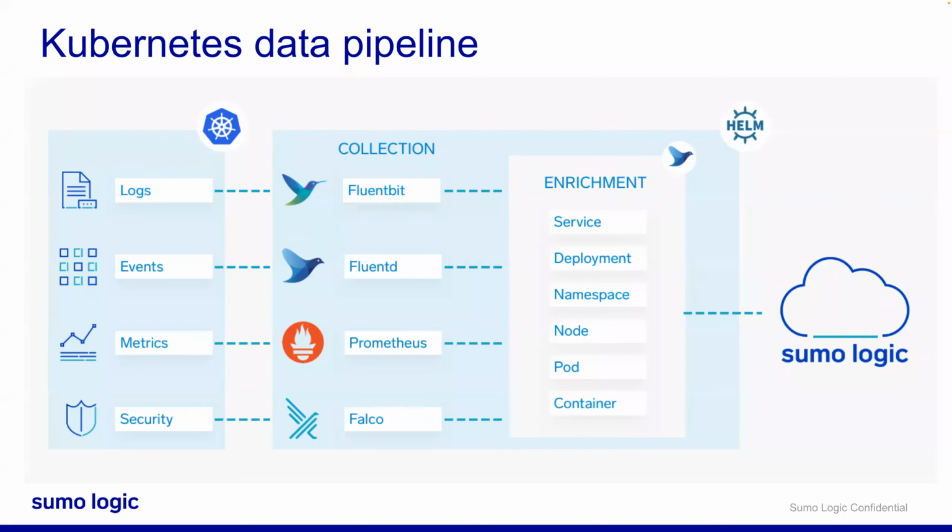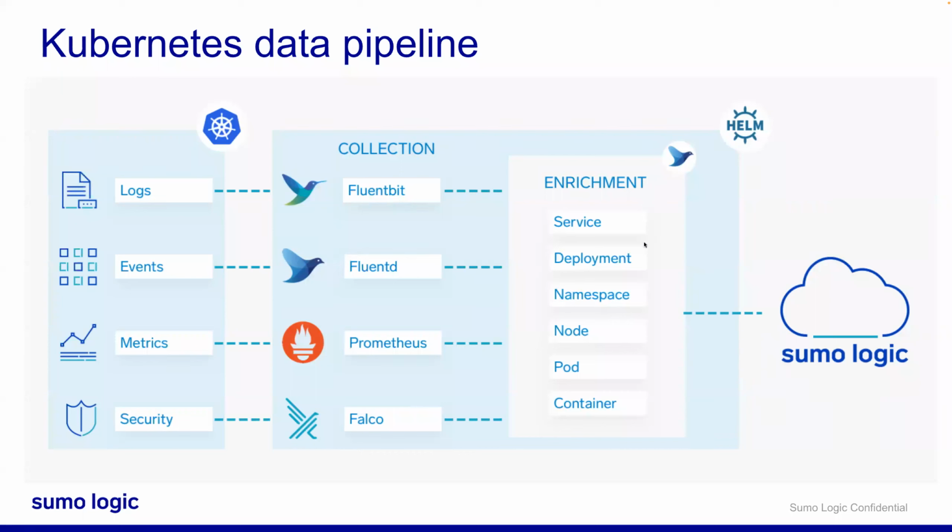So what we're seeing here is the Kubernetes source on the left is generating the data. It's collected by the collectors in the center of the screen, those Fluent Bit, Fluentd. And then this data is going to be brought into a centralized Fluentd pipeline, this light gray box over here. And this is where the metadata is enriched.